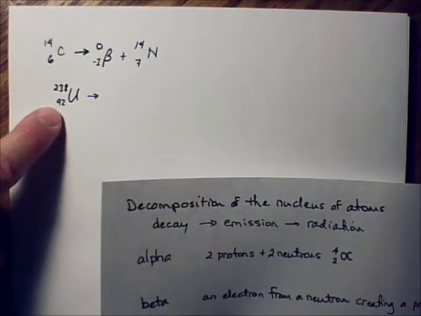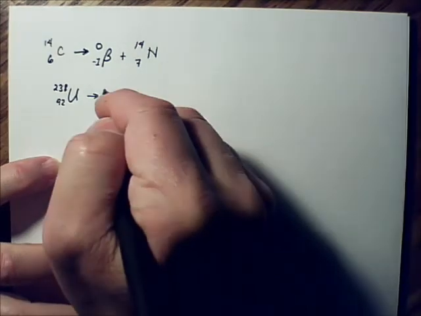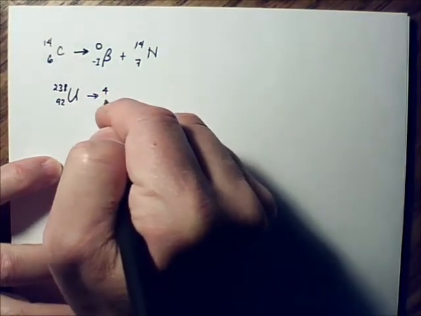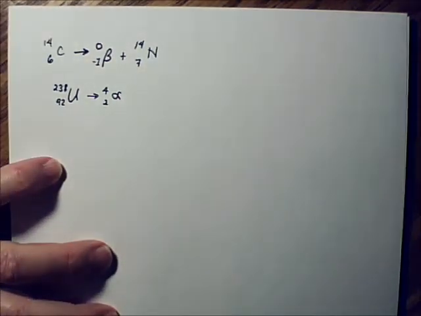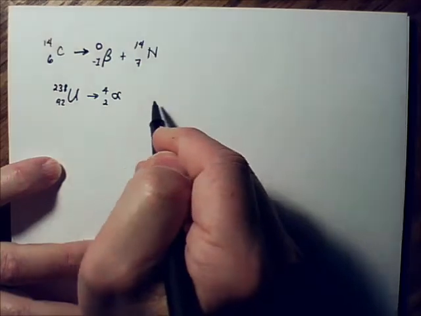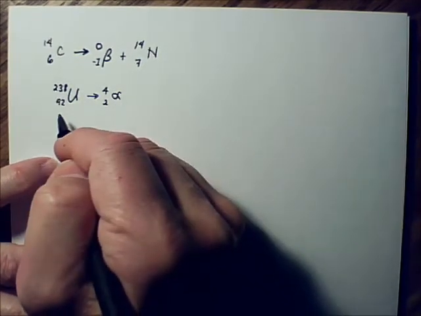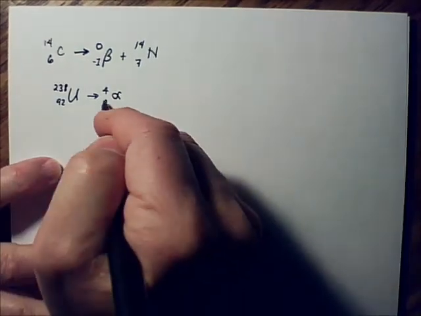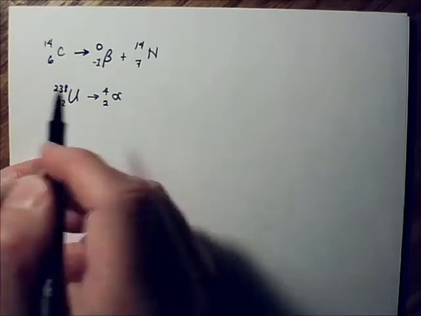92. Okay? Got that? So we're going to have some other particle over here to make the mass numbers equal on both sides and the atomic numbers equal on both sides. Yes, it is.